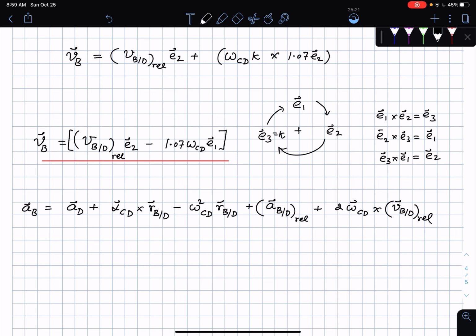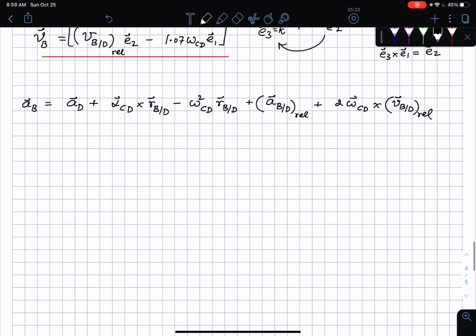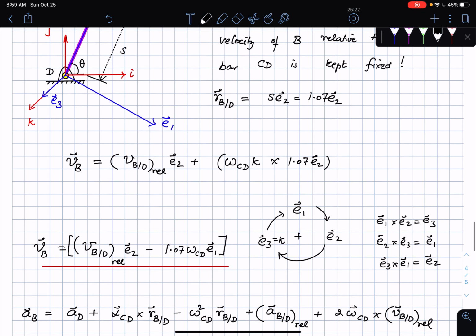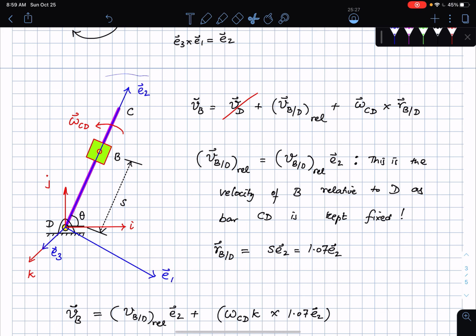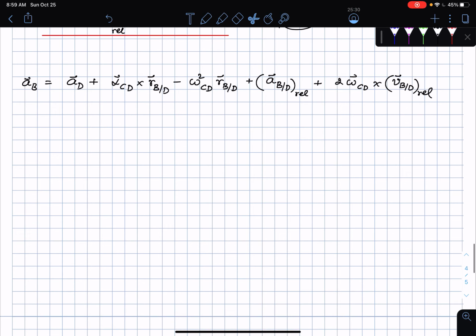Okay, so this is what I'm going to be having. And I can bring my figure down here once again, just so that we have this with us every time we go somewhere.